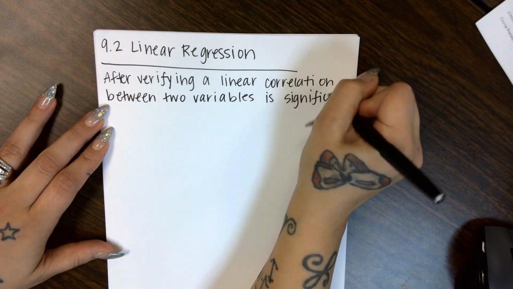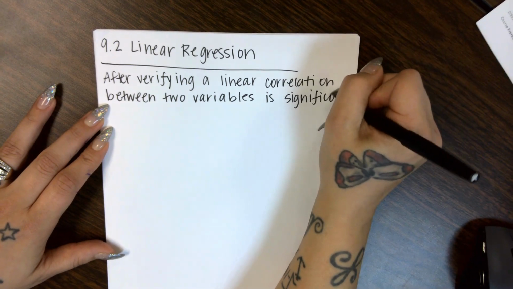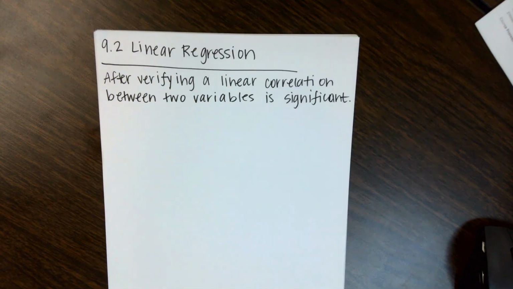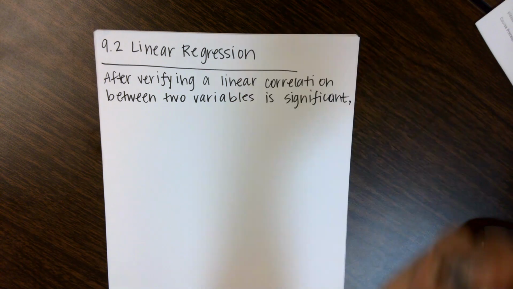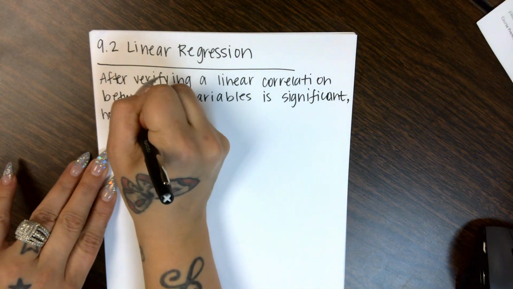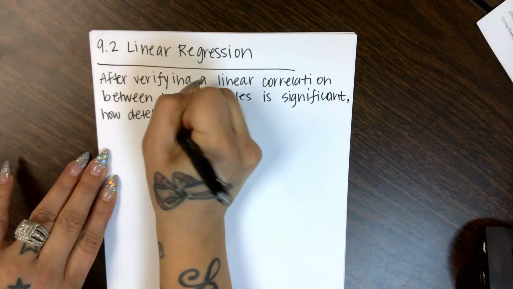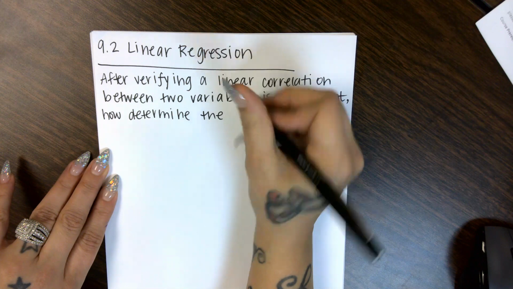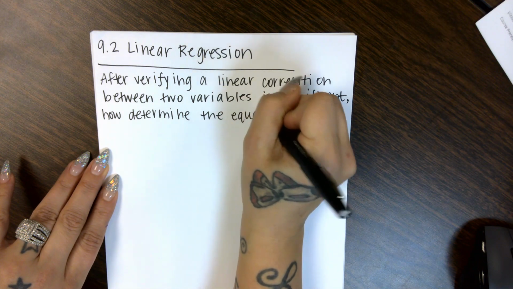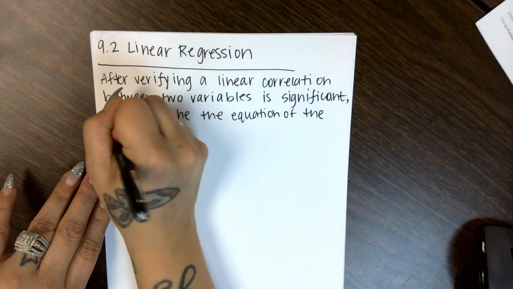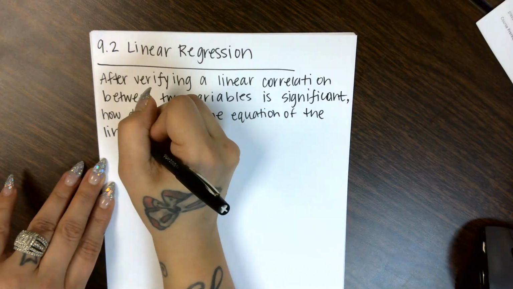So we calculate the correlation coefficient, right? We're able to actually tell that it is significant. After we've done that, now determine the equation of the line that best models the data.